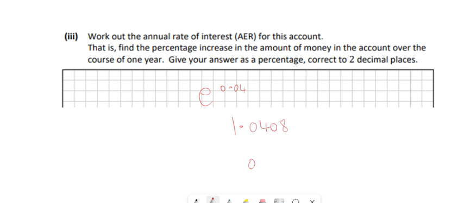So the percentage really is 0.0408. So that's what it is as a decimal. So as a percentage, then we have our answer. It's just 4.08. So it's kind of picking out really that it's going to be the e to the power of 0.04 and figuring out kind of what that is as a percent. So really that's all we have to do there.